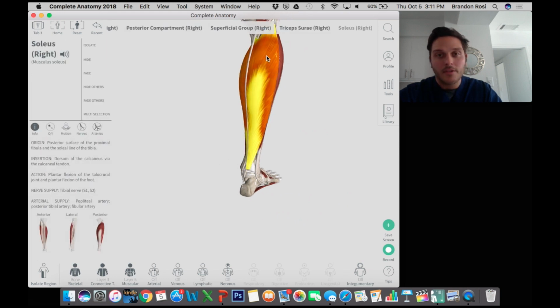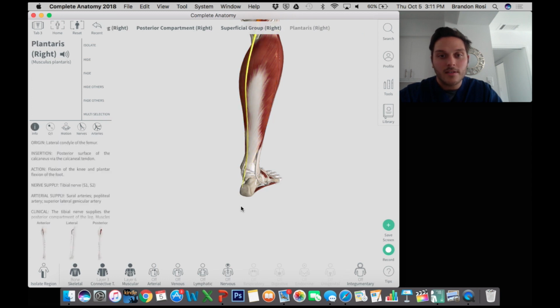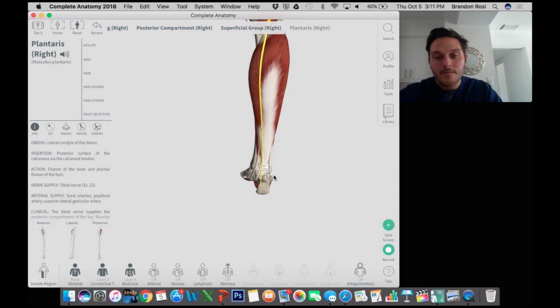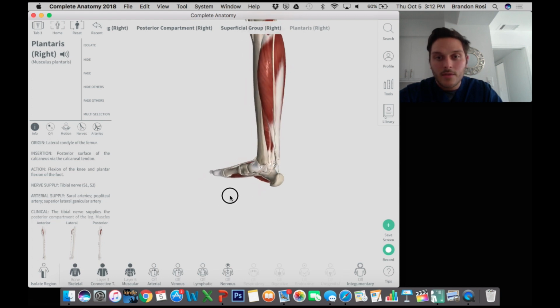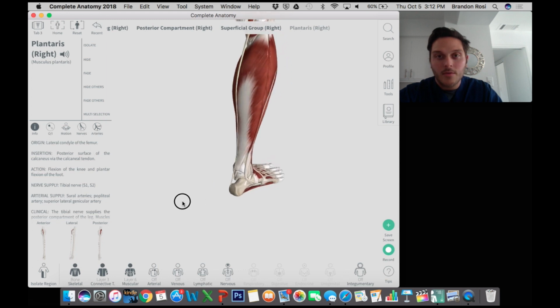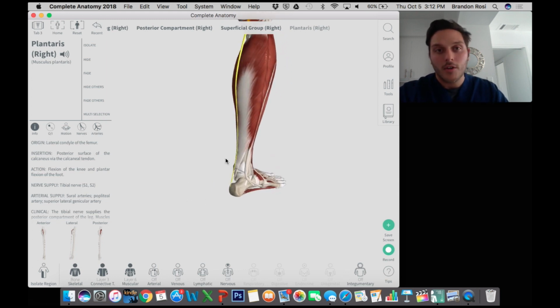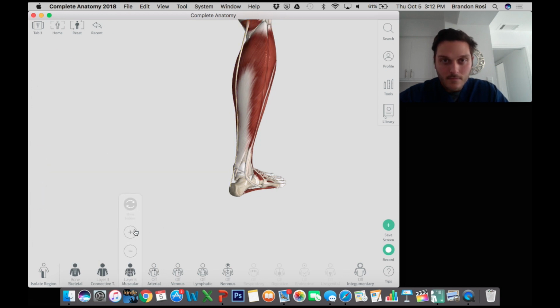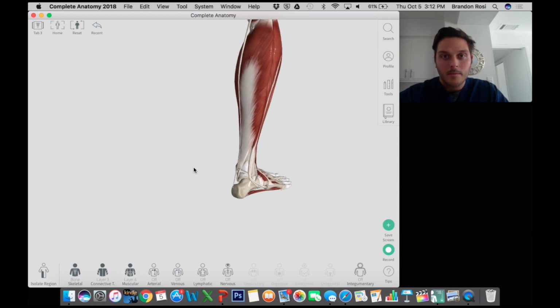And this is probably the strongest plantar flexor in the foot, along with the gastrocs, which is the most superficial muscle. Here's the plantaris, which has a really long tendinous attachment all the way going to the medial calcaneus, and really, I'd say those are the big ones that we want to reference, mainly for what he reached out for.